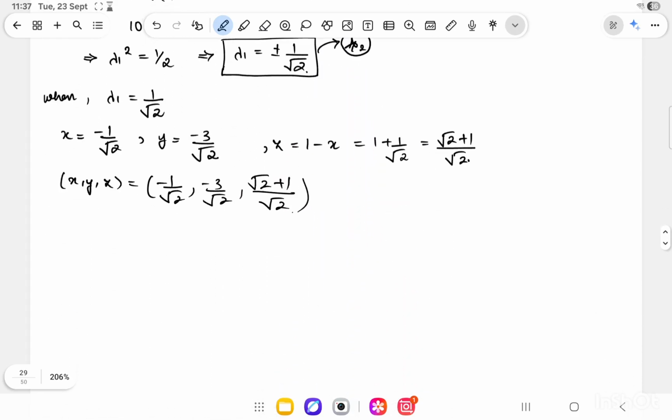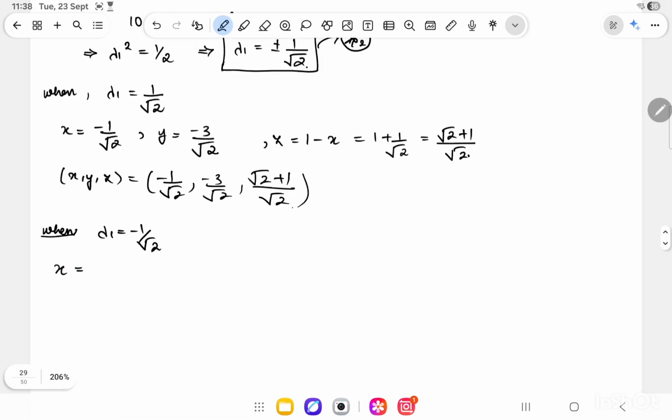there can be another point depending on the value of lambda 1, that is minus 1 by root 2. So if I take my lambda 1 as minus 1 by root 2, I'll get my x as 1 by root 2 and my y as 3 by root 2.